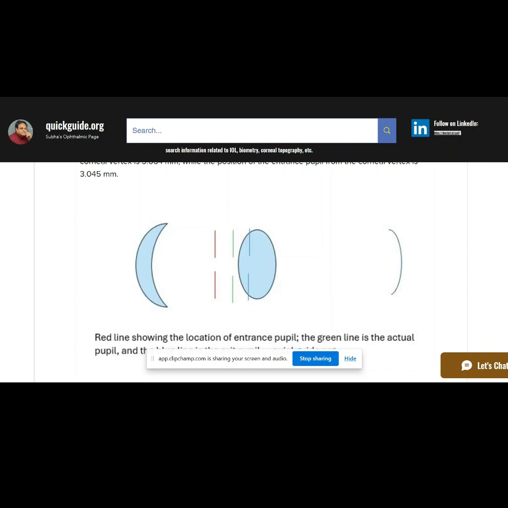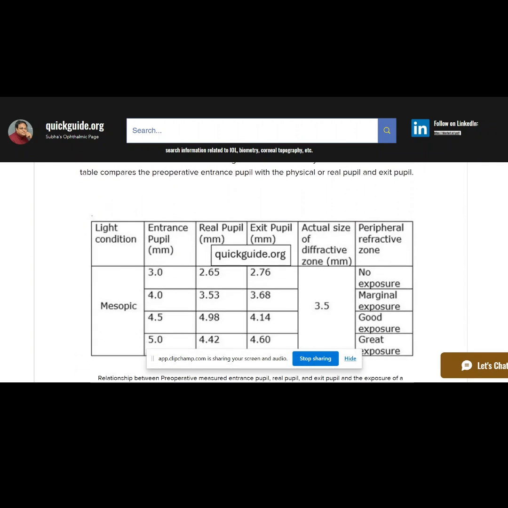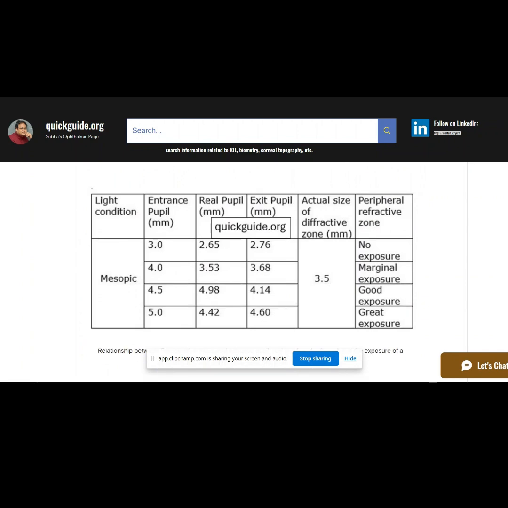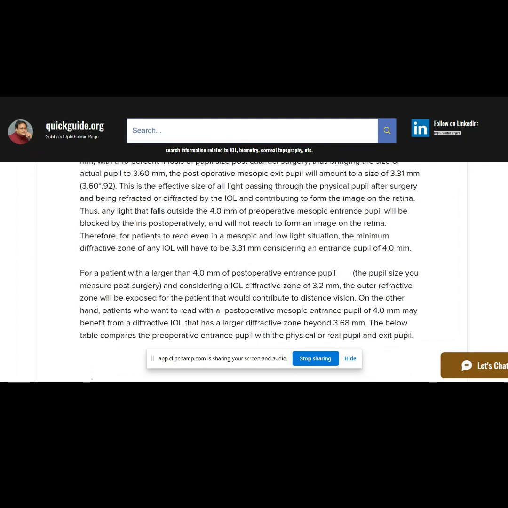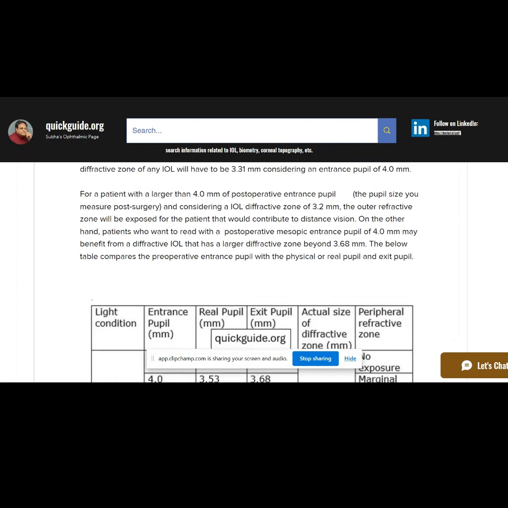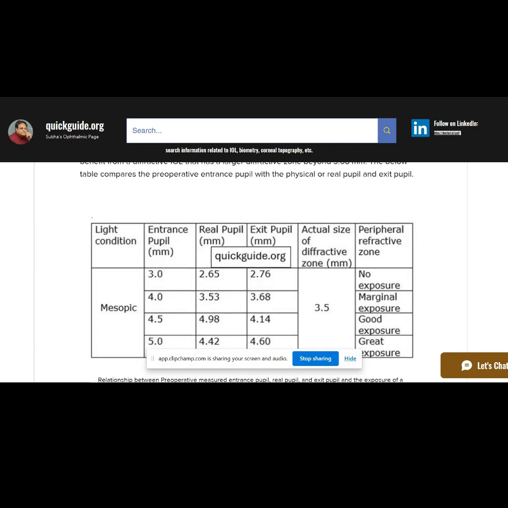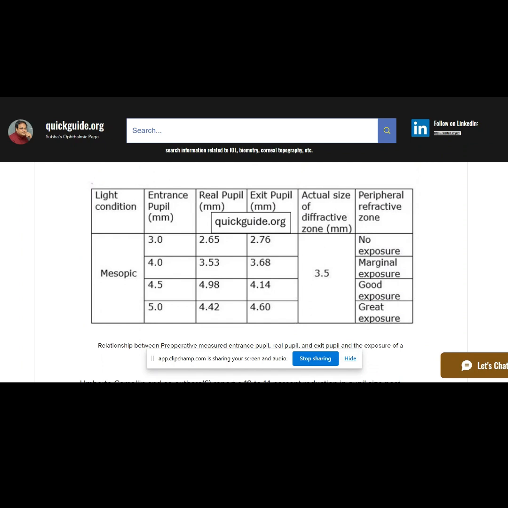In this article I have given a table and explained how we come to it. There's a relationship between the entrance pupil, the real pupil and the exit pupil, and if you go through this article, you'll know more about this. This table gives you some understanding of that.